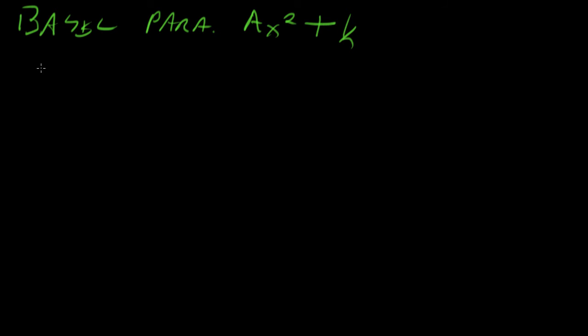What about the case where a is greater than negative 1, greater than just negative 1, and a is less than 1, which causes the shape of the parabola to go from that to expand out.